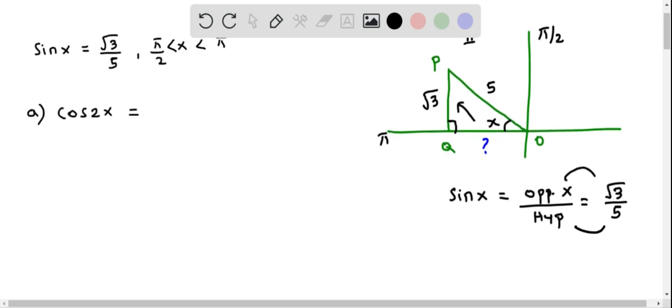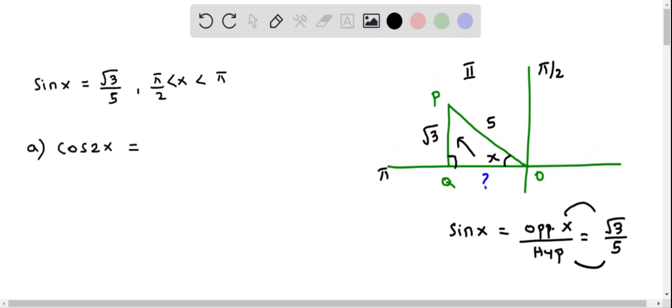We can do this using the Pythagorean theorem. That is, the sum of the squares of the two legs in a right triangle equals the square of the hypotenuse. So we can write OQ squared plus the side length PQ, which is the other leg of the right triangle, squared, and this equals OP, the hypotenuse, squared.